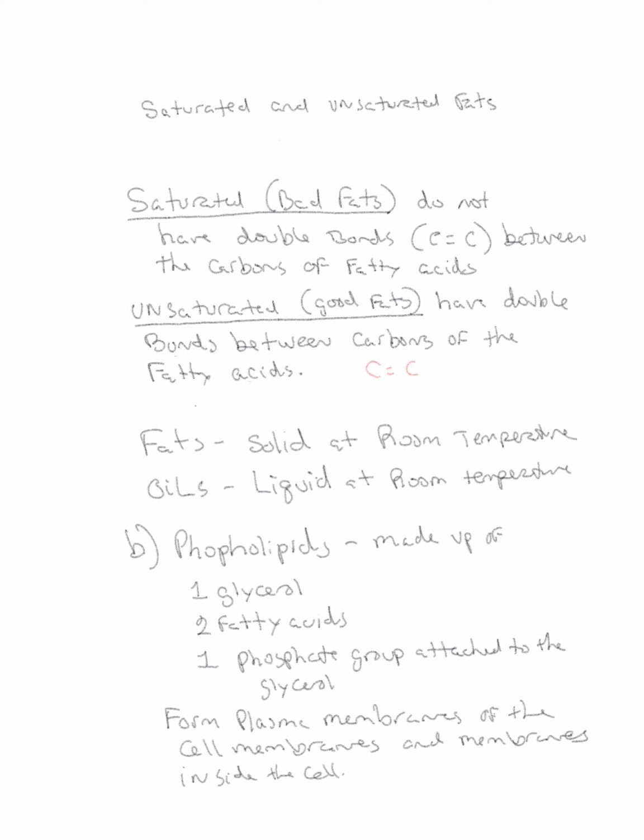Now, triglycerides can be fats or oils. What does that mean? Fats are triglycerides that are found as a solid at room temperature, and oils are triglycerides that are found as a liquid at room temperature. Fats are high in saturated fats. Oils, which are liquid at room temperature, are high in unsaturated fats.